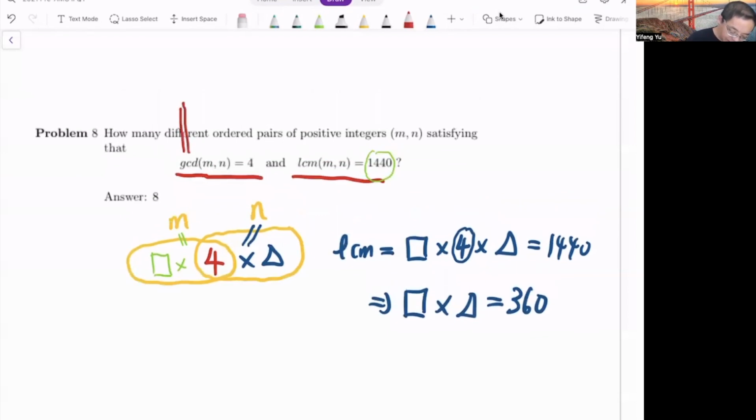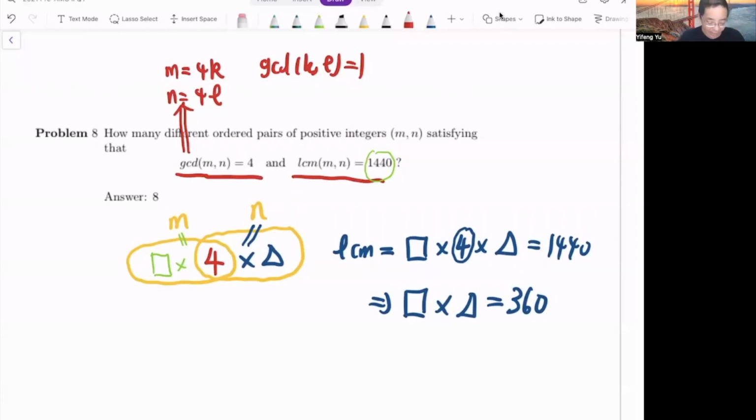Because the GCD is 4, we get that m has to be 4 times some number k, and n will be 4 times some number l. And the GCD of k and l has to be 1, because otherwise k and l would contribute another factor and the GCD would be more than 4.